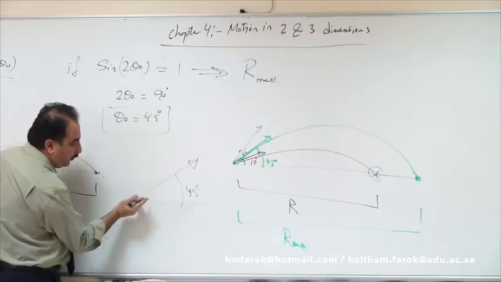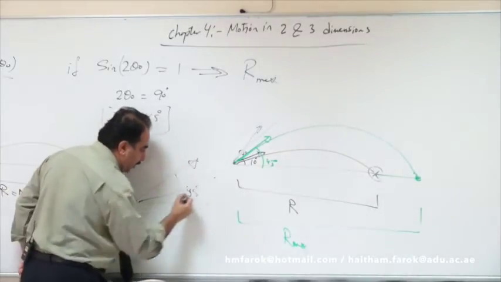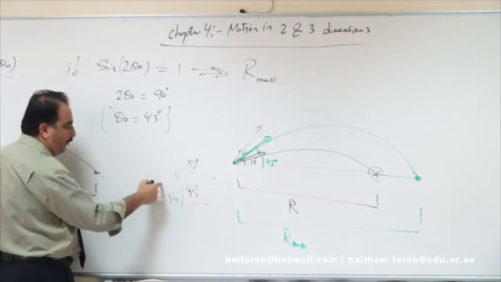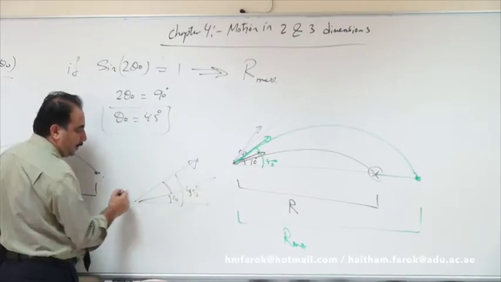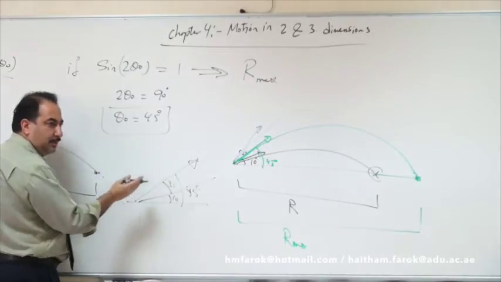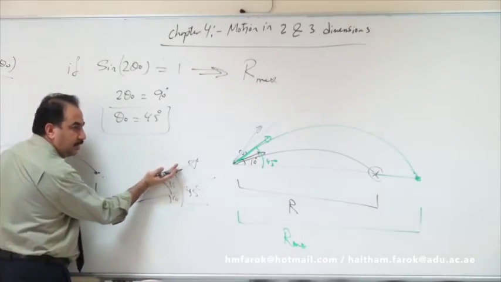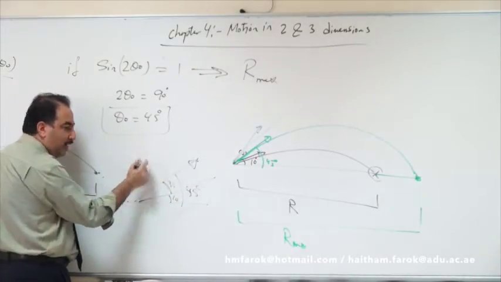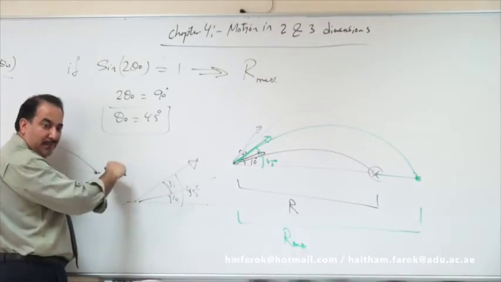Now, the first one was at what? 10. So how far is 10 from 45? 35. So it means if this is the center, you need one above 45 by how much? 35, above it.